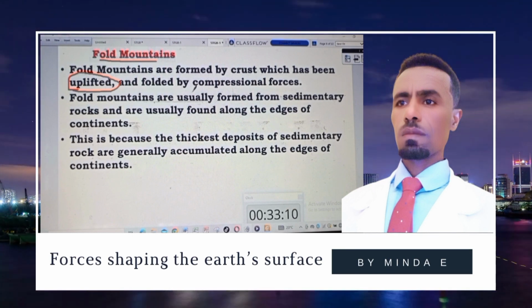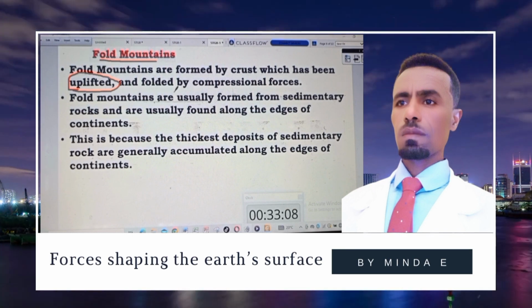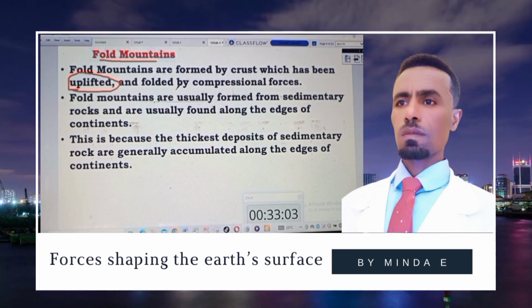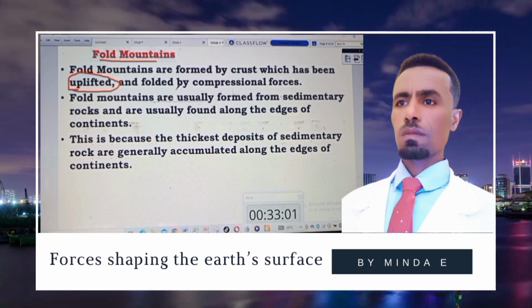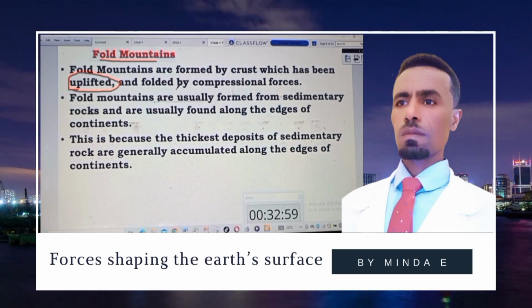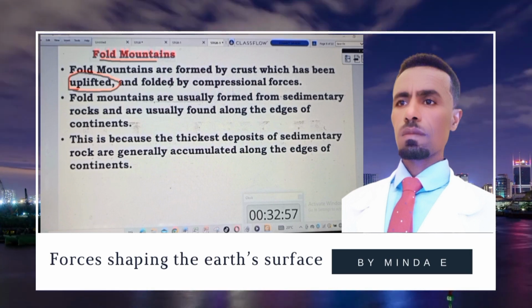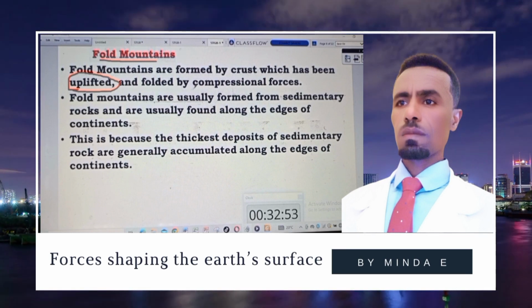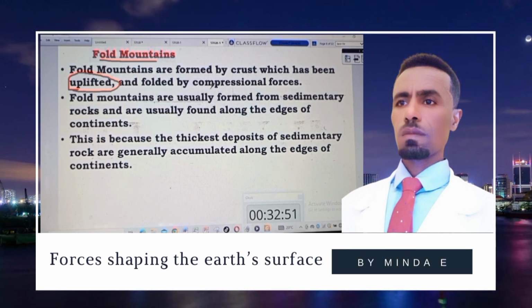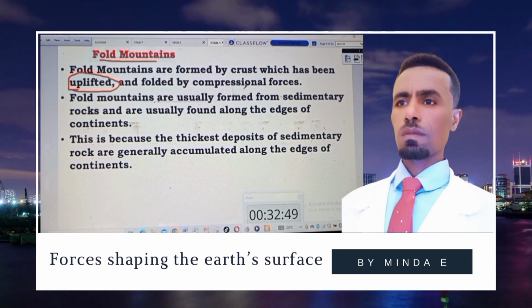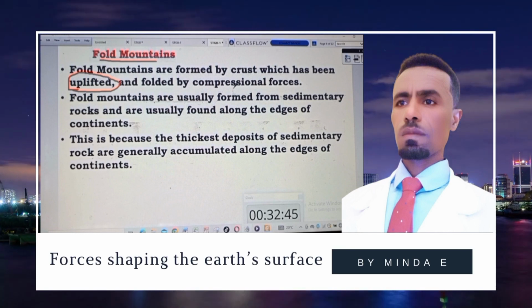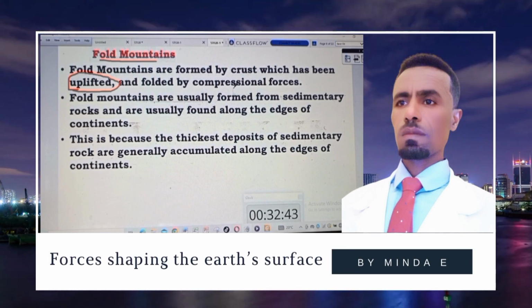It is formed because of the presence of an internal force which pulls upward, what we call the anticline fold. It is folded by compressional force. It is the result of compressional force and upward folding.